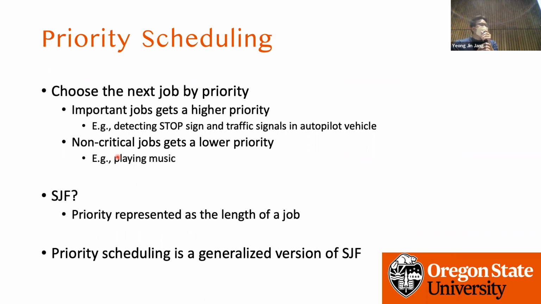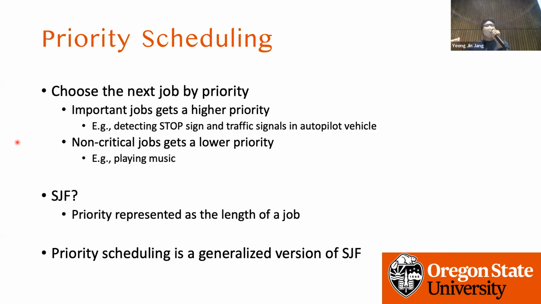You can regard priority scheduling as a generalized version of shortest job first. What this means is that for a scheduler, we will define the priority of each job. It could be based on the time limit, finish time, or it could be based on the user definition.